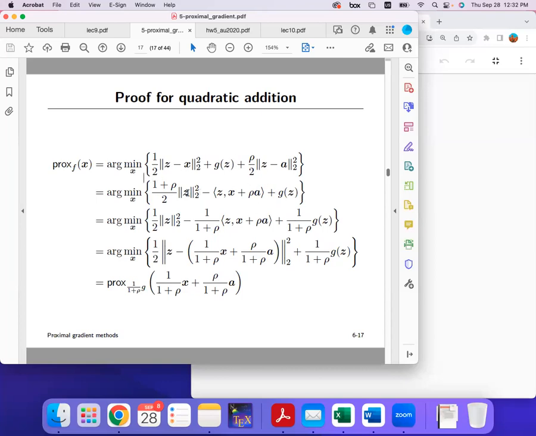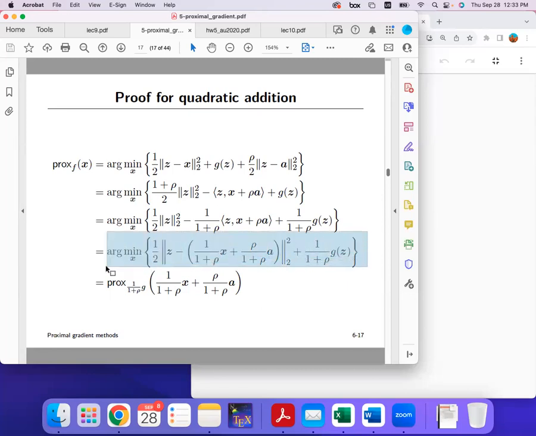And then in this expression, the first two terms can be completed into a big square. So what we do is just divide everything by 1 plus rho. And then we complete the square. So in the end, we get this big square term plus 1 over 1 plus rho times g of z.